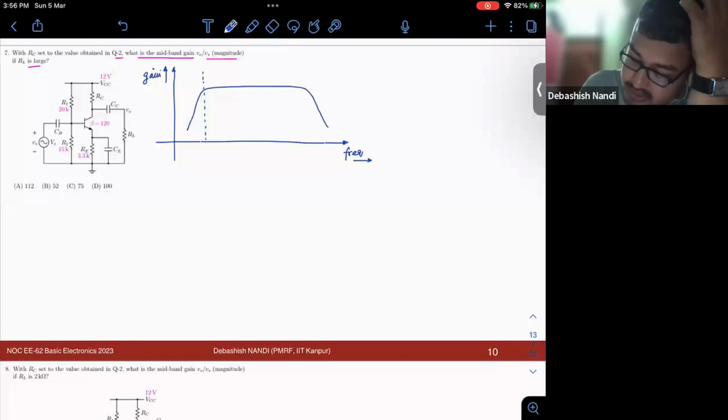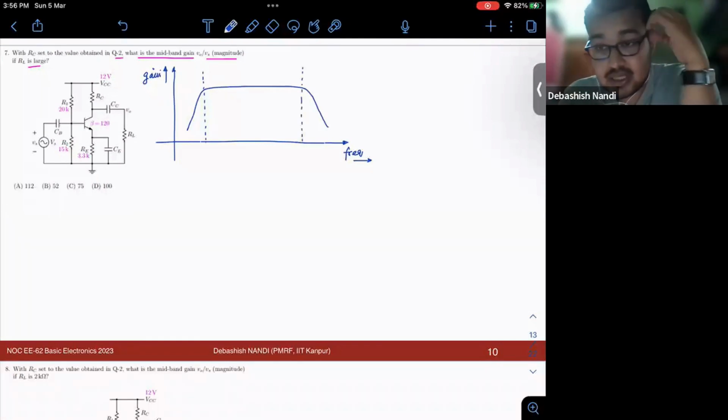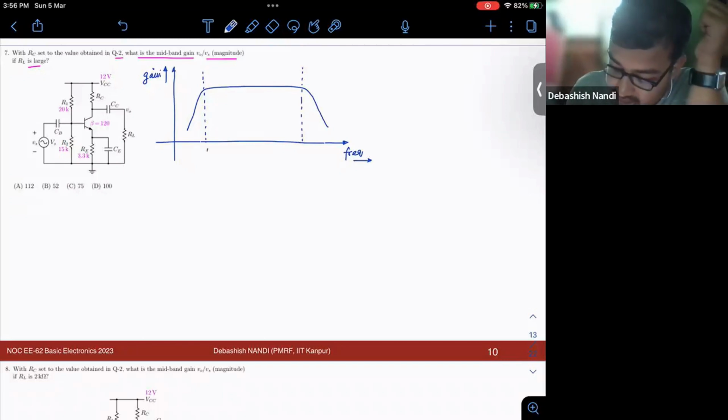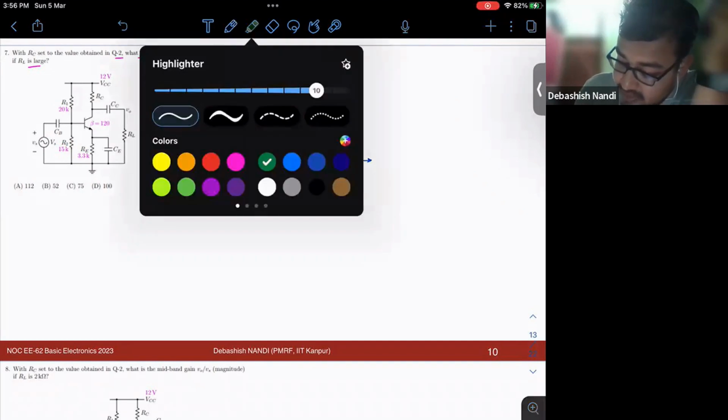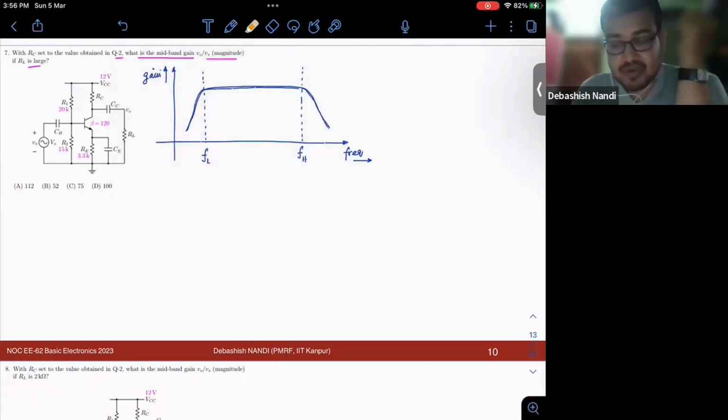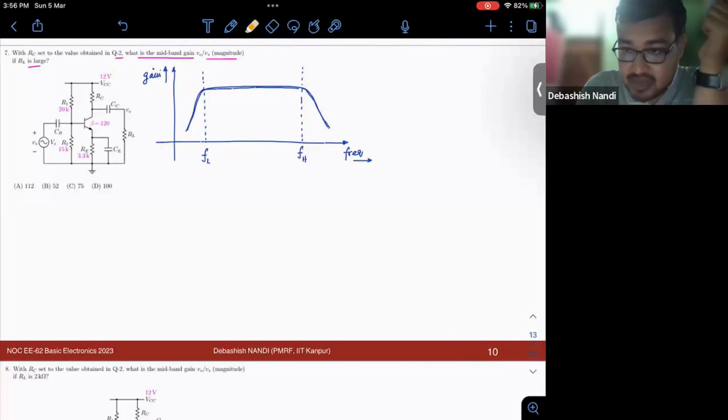So this looks like a bandpass filter, right? Your gain is high in a certain frequency range. Let's say this is FL, FH. In between, you have a constant gain, and then your gain drops at high frequency and at low frequency. I will just mention this much. You can refer to the lectures because I will not have time to explain this in detail.